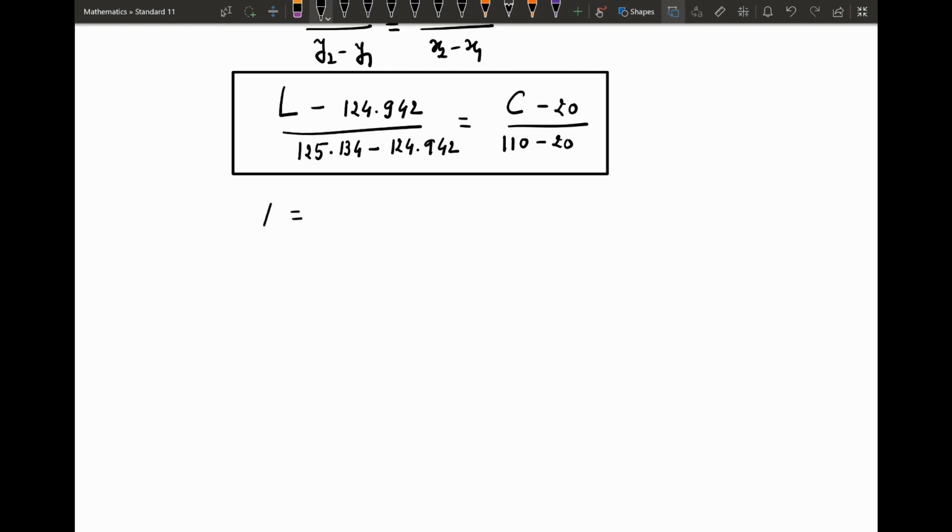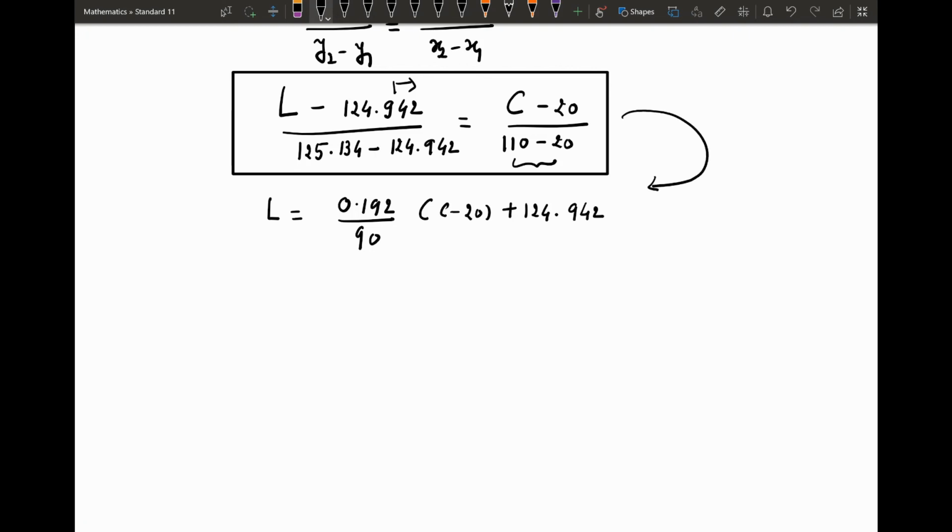equal to, you can just use a calculator to simplify this one. You will get a linear relation L equal to 0.192 upon 90, into bracket C minus 20, and when we transfer this term, plus 124.942.